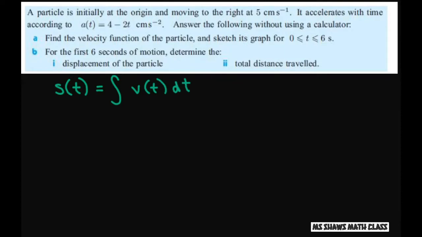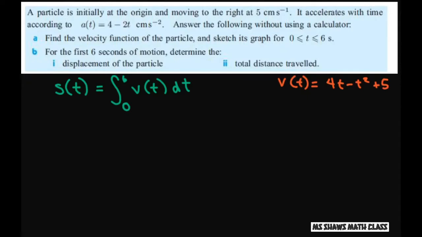For the displacement, we're going from 0 to 6. So what I want to do is write my s(t). I know my v(t) was 4t minus t squared plus 5.